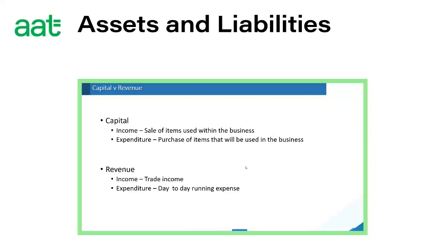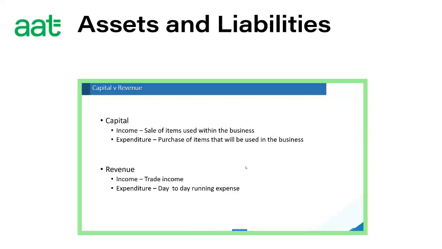Okay, and the reason why it has to be different to the capital expenditure is one is entered on the statement of financial position and the other is entered on the statement of profit and loss. So an example for this one is if you have bought a motor vehicle, yeah, the motor vehicle becomes capital expenditure and is recorded as a non-current asset. If you put fuel into that vehicle, that becomes revenue expenditure.